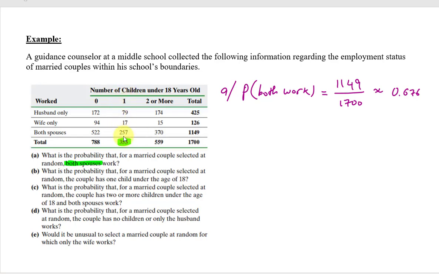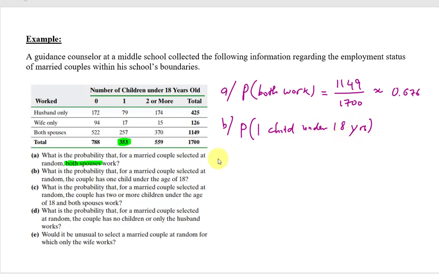So now you are looking for the probability of one child under 18 years.